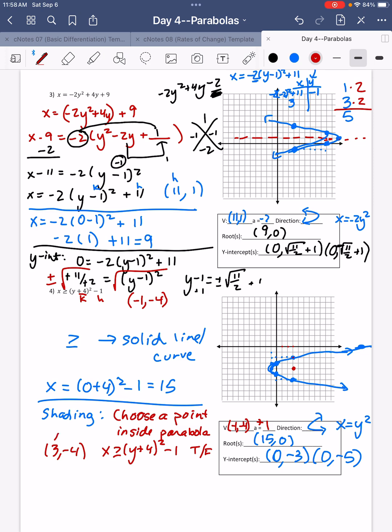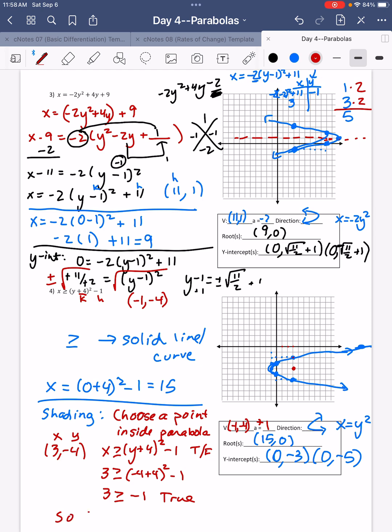So this is my x, y. So we're going to plug in 3 is greater than or equal to negative 4 plus 4 squared minus 1. So is 3 bigger than negative 1? Absolutely.